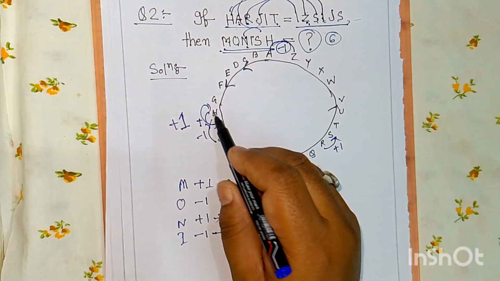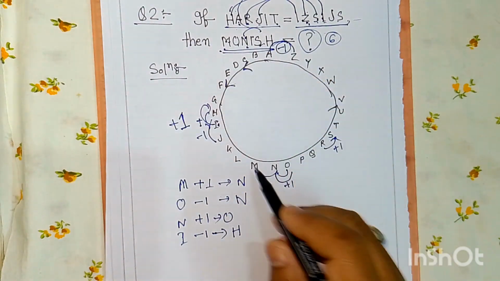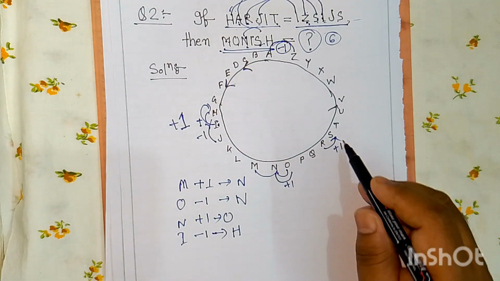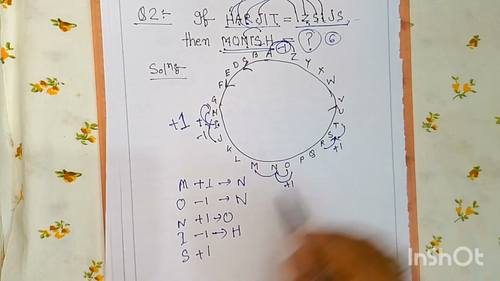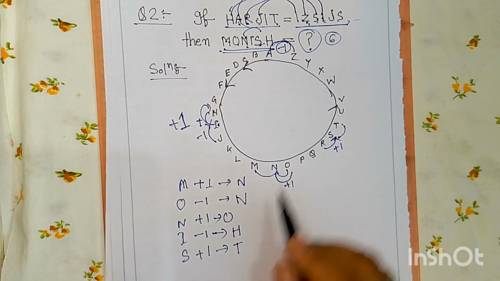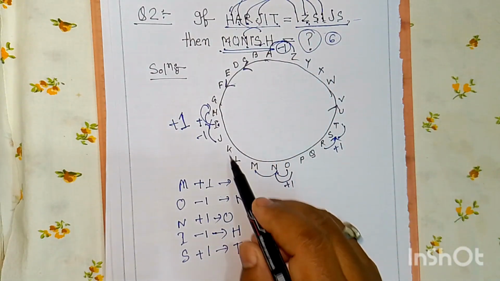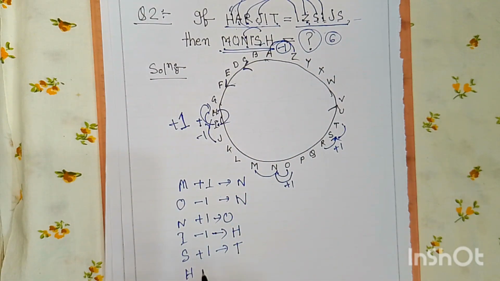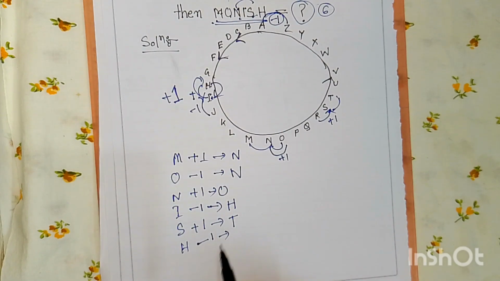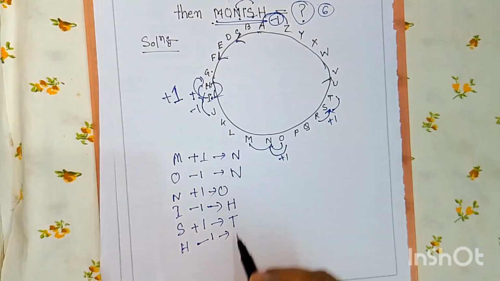Then S plus 1 is T. H minus 1 is Z, following the pattern.